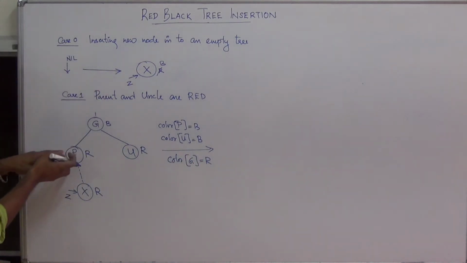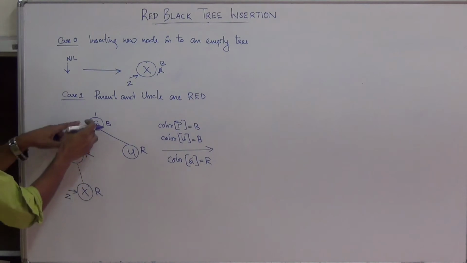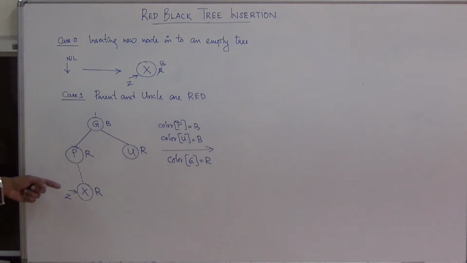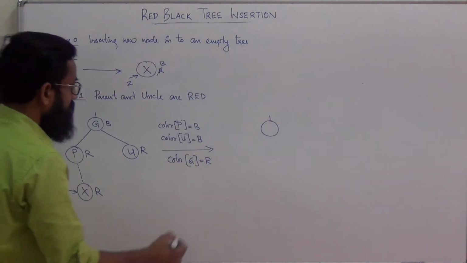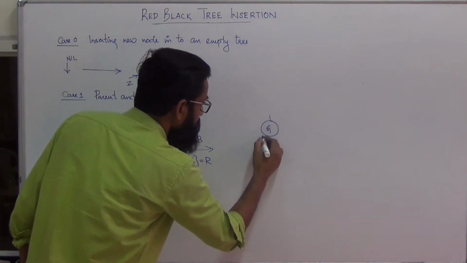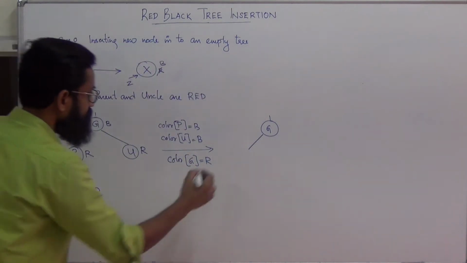That is, you have to change color of parent and uncle to black and grandparent to red, followed by shifting the pointer Z to the grandparent. So after the transformation, your subtree rooted at G will look like this.